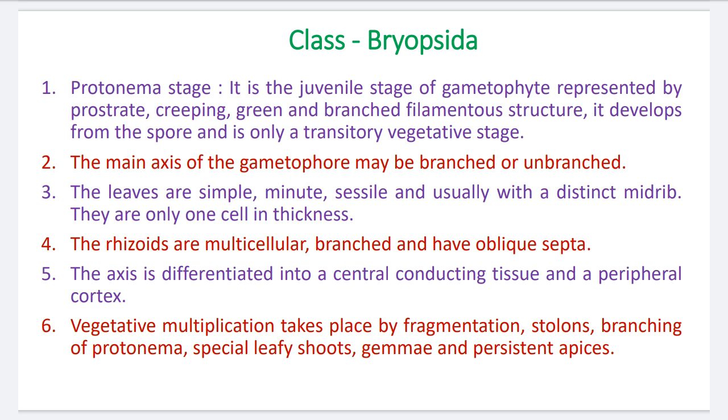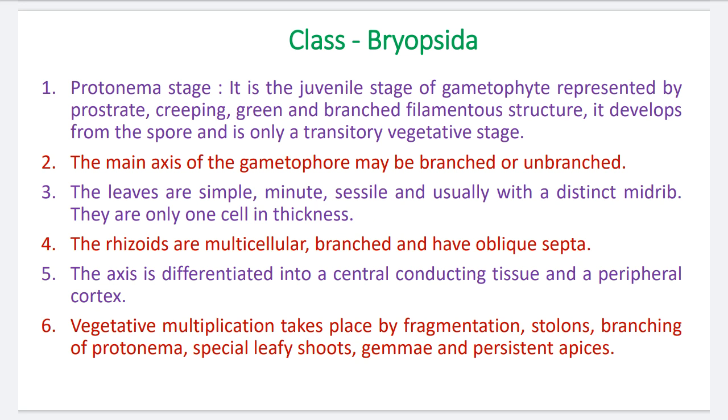But in mosses, Bryopsida, the spore germinates and produces the protonema, and the protonema further produces the gametophytic plant body. So the protonema is the intermediate structure between spore germination and the gametophytic plant body.